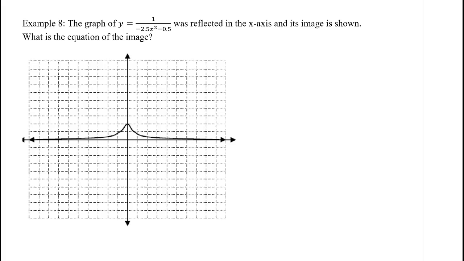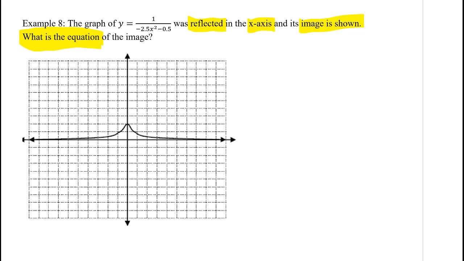We're strictly given the graph and the equation to help us think. That's a really important thing to notice: we're not being asked for a graph. It is asking us for an equation, and specifically the one of the image. So not this function that is being shown. It's after it's reflected in the x-axis that the image is shown.